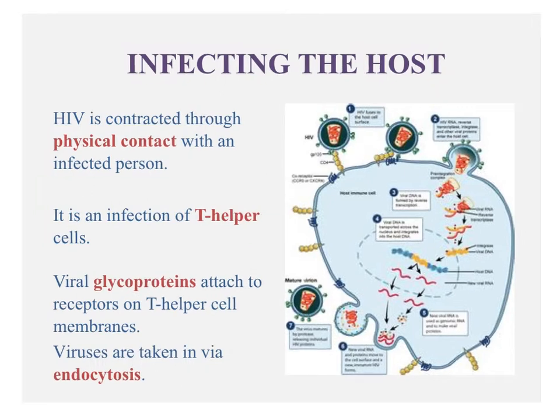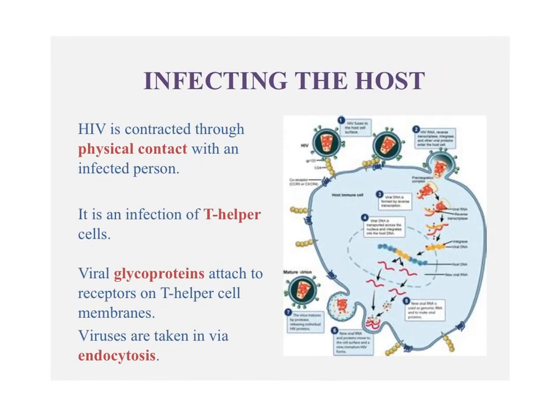So as we've said, HIV is transmitted through physical contact with an infected person, and generally this is the transmission of bodily fluids. We've said already that it's generally likely to be bloodborne, so passed on between, like, needle stick injuries.